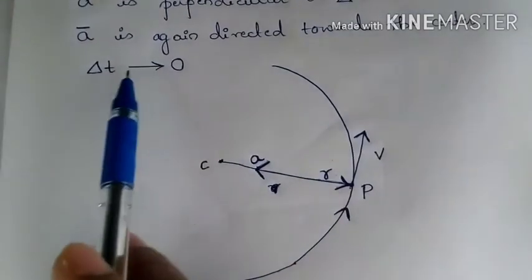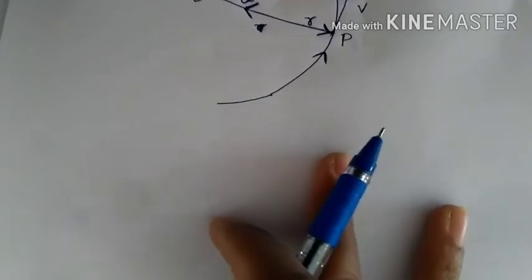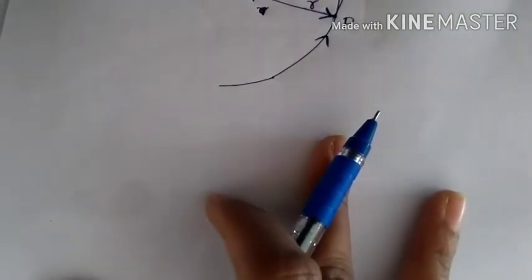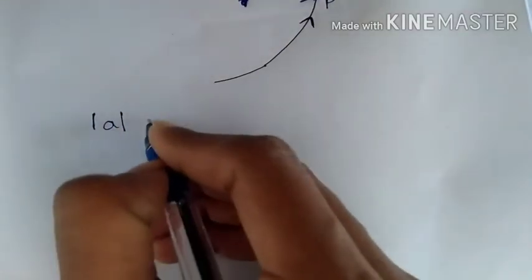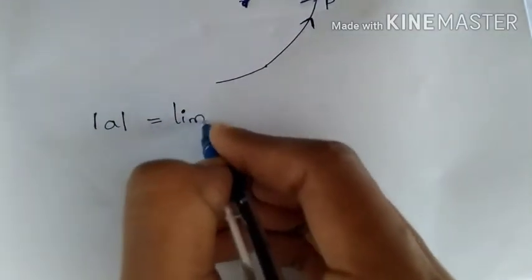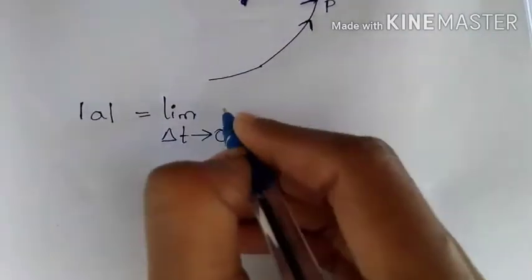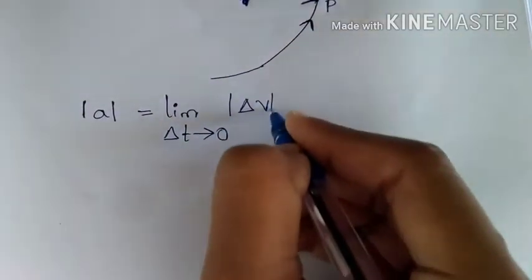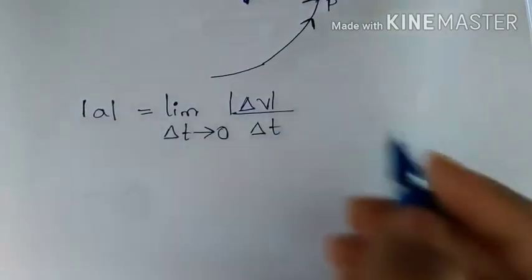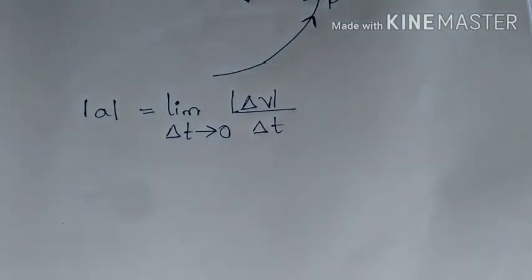So at delta T tends to 0, we can write instantaneous acceleration as A equals limit delta T tends to 0, mod of delta V divided by delta T. So this is the instantaneous acceleration of the particle which is moving with a uniform speed in a circular path.